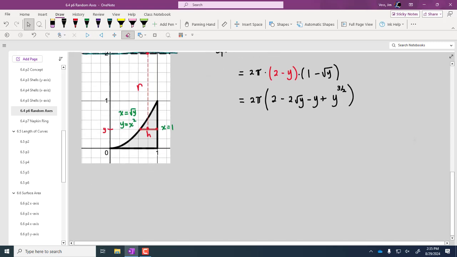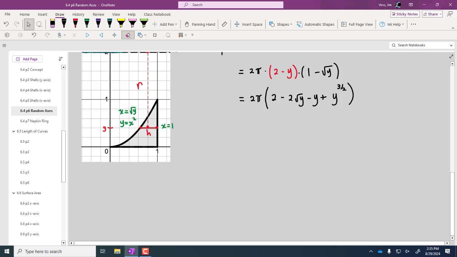So that is the area of the cylinder at height y. The volume is then the integral of that, so we'll integrate this function with respect to y.